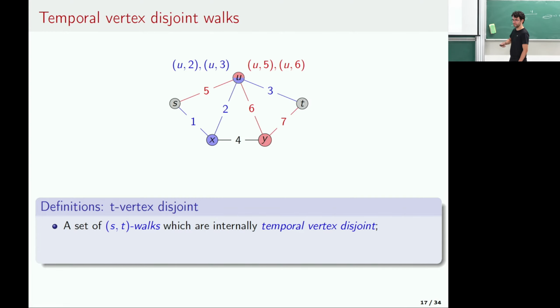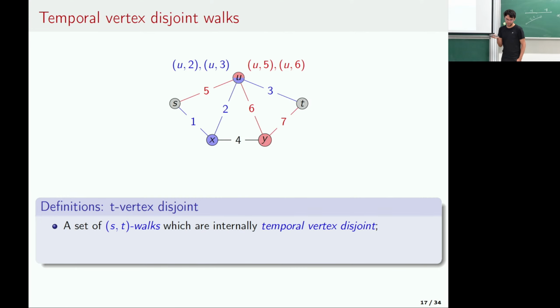One could imagine having tau copies of the graph, where at each time t only the edges active at that time are activated, and then reduce the problem to the standard setup of Menger. You could try this, but there is a lot of information you lose, because if you only look at snapshots, you are not sure how the timing works.